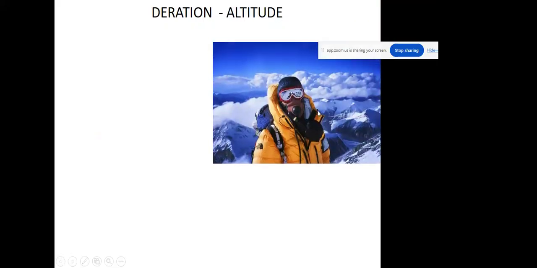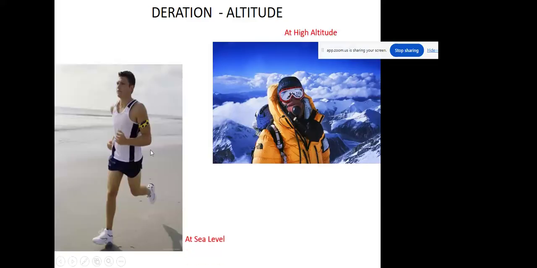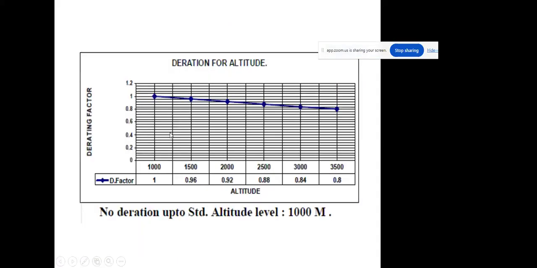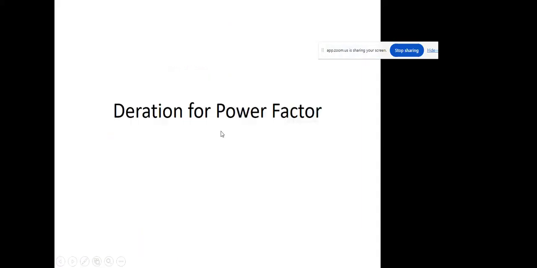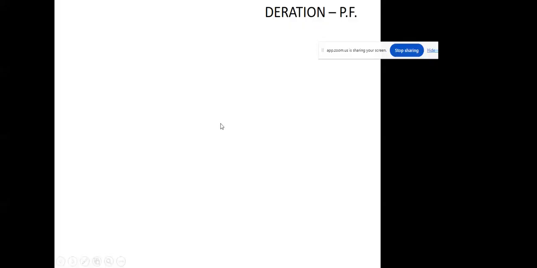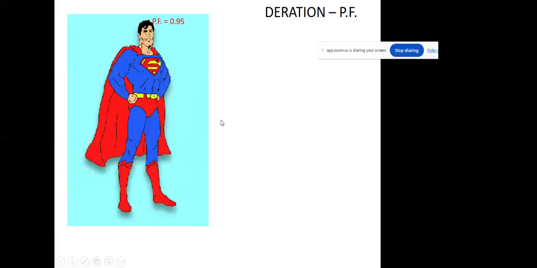Derating for the altitude: this happens at higher altitude, where oxygen is very less. At sea level, oxygen is very good, so no derating is required at mean sea level. This is a graph of derating for the power factor. If the load has a good power factor, our efforts are less, so less fuel is required.